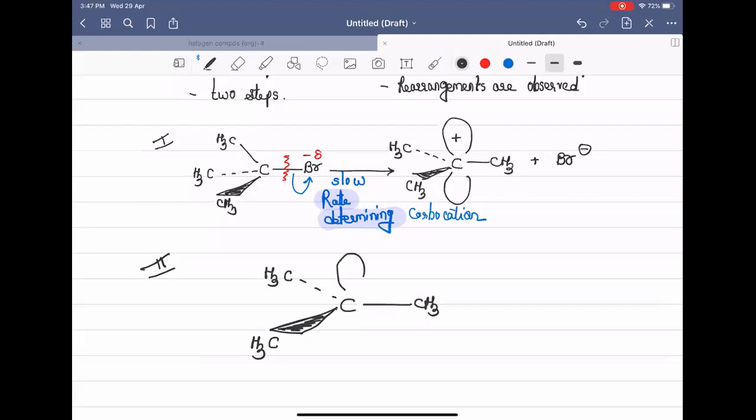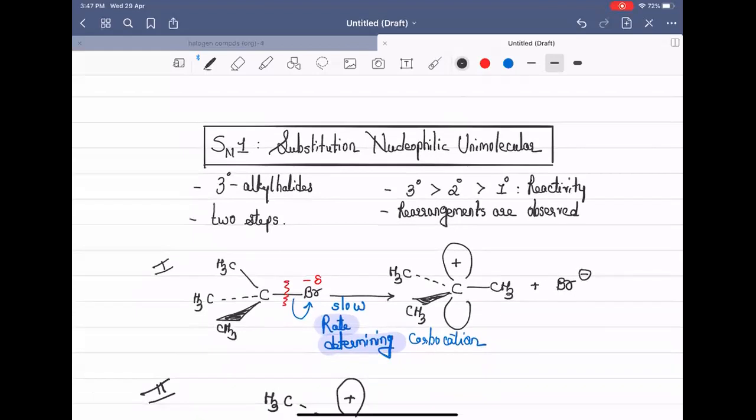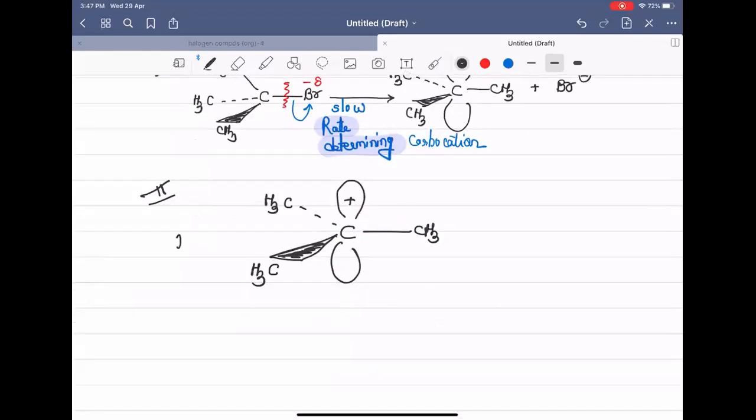And then you have this positive sign, carbocation. Now, there are two possible ways in which a nucleophile would move in. We're considering the reaction of tertiary butyl bromide with a nucleophile like OH, for example. So we take up OH, which is our nucleophile. We can call this our nucleophile.